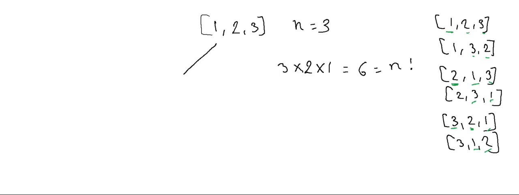Okay, so what we can do here is I can start with position 0. Let's consider that I'm storing that with my left pointer. My left pointer is pointing here at 1, so I'm starting at position 0.